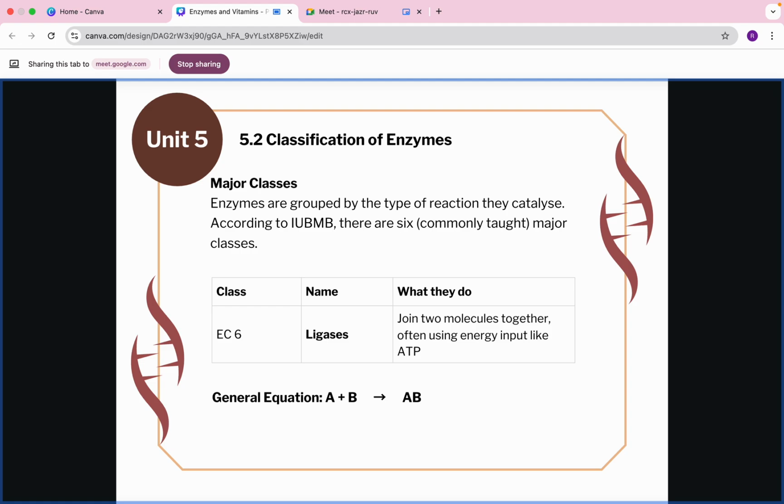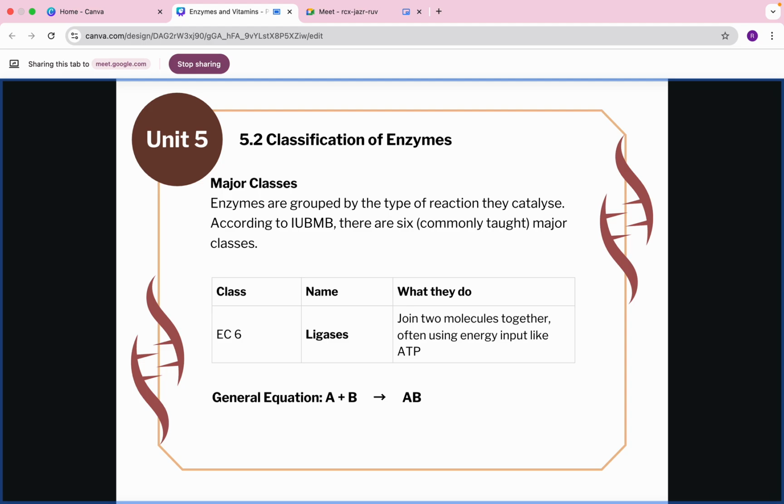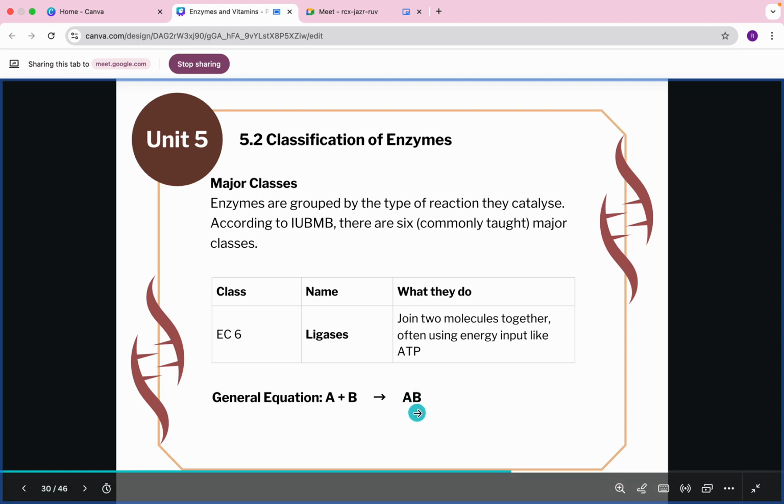For example, when ATP is used, it breaks down to ADP, releasing enough power for the ligases to make a bond. So for example here, let's say substrate A and substrate B are joined together in order to form your product AB.